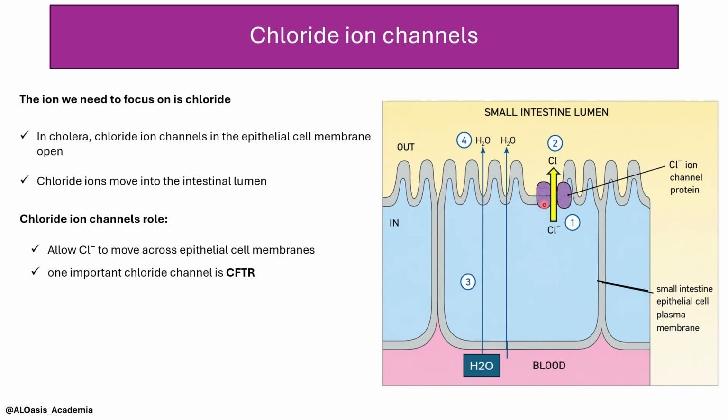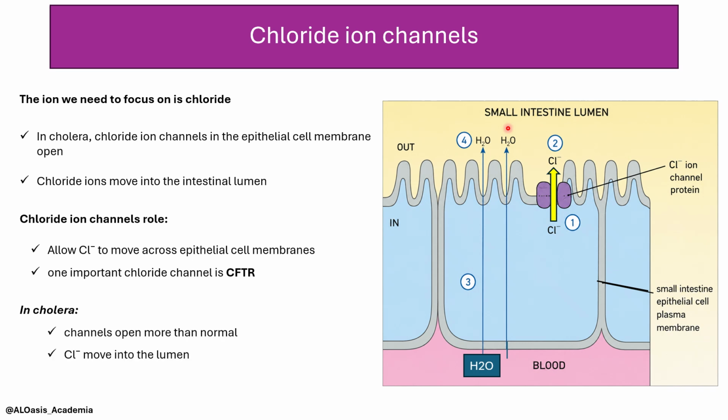One of the most important chloride ion channels that you need to remember is called CFTR. Once the chloride ion enters the small intestinal lumen, water will follow it by osmosis. So the water will move from the blood and tissue fluid area through the cell into the intestinal lumen.